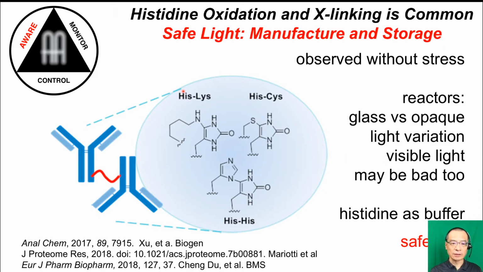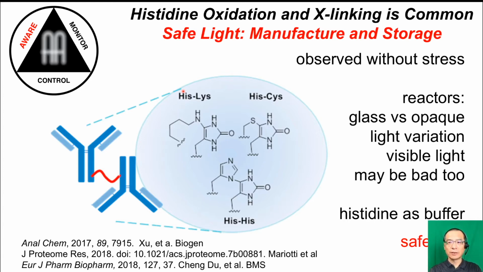Shown here is an example from another company, I think it's Biogen. And this type of modification has also been discovered in biological systems. This light-induced cross-linking also led to an industry-wide initiative in terms of safe light.